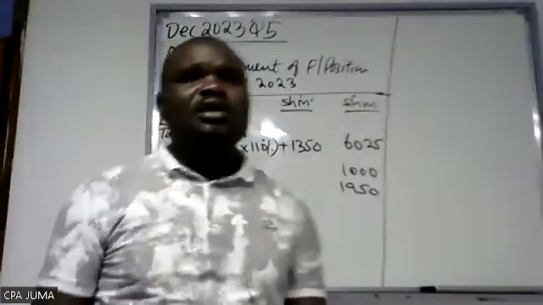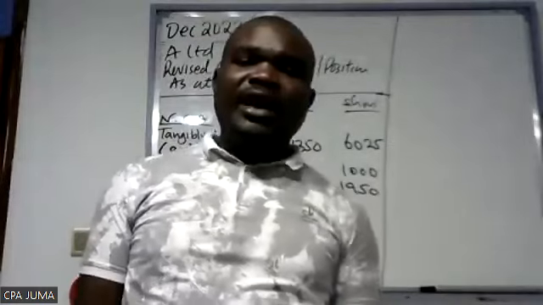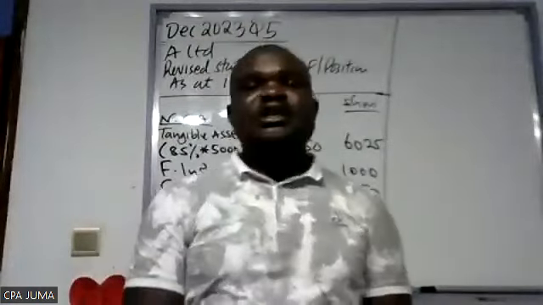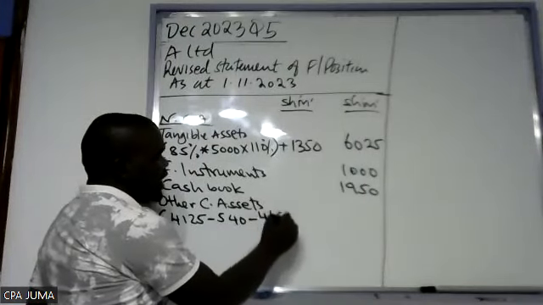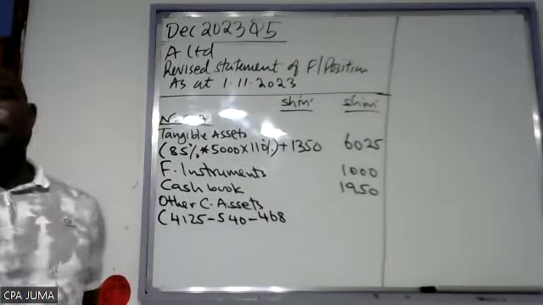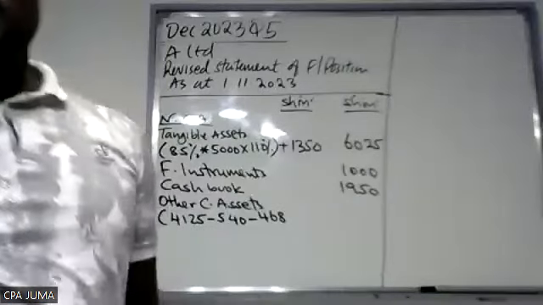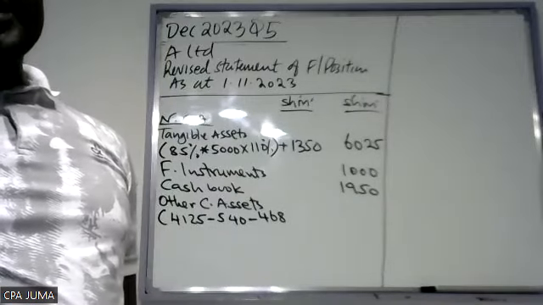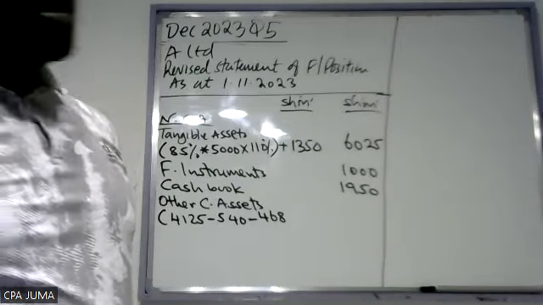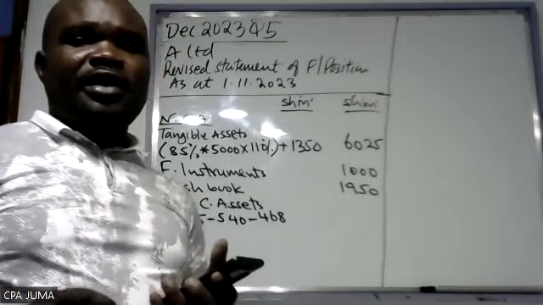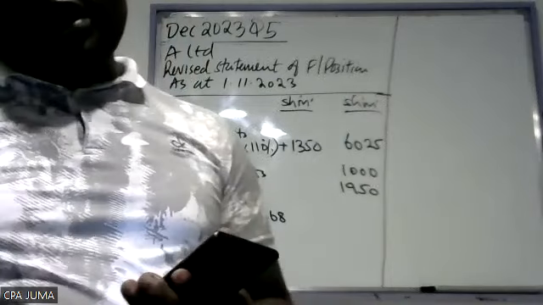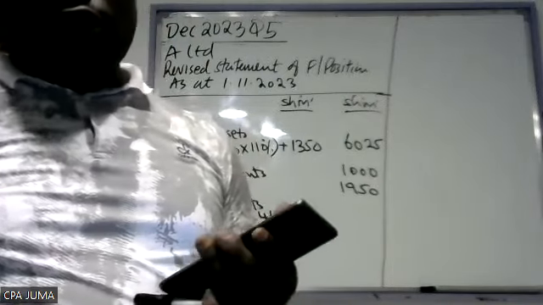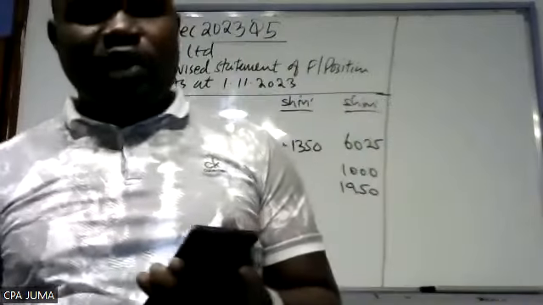What did we get? You have that figure. The bad debts. 468. Please indicate in your books where you are getting the 468. Kindly indicate for me where you are getting the 468. You say it is the bad debts, because you know you can look for it until it causes you trouble.